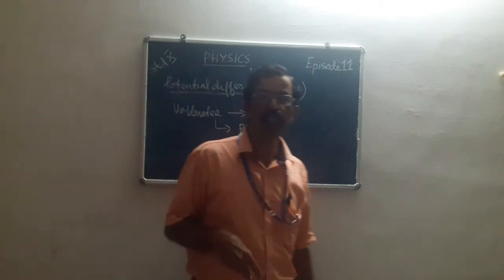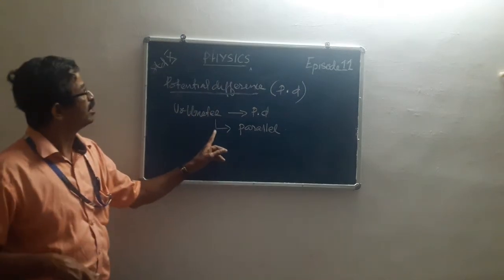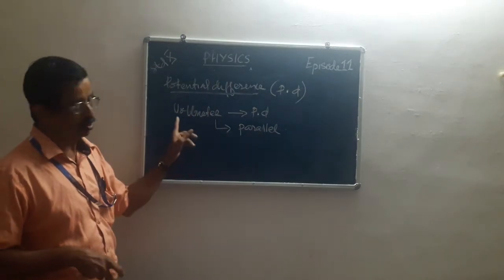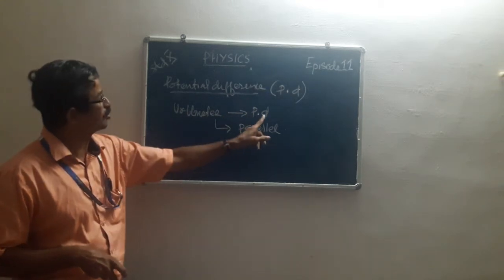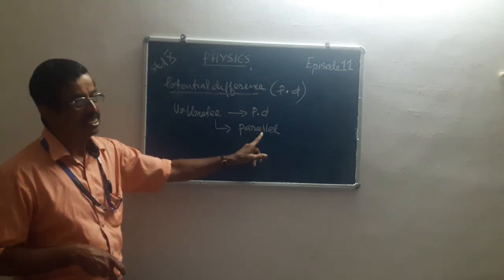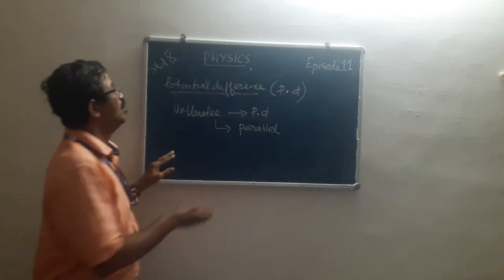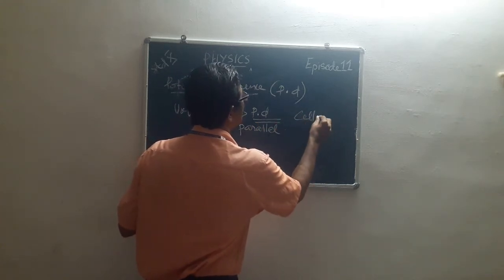So voltmeter is used to measure potential difference, and it is connected parallel.